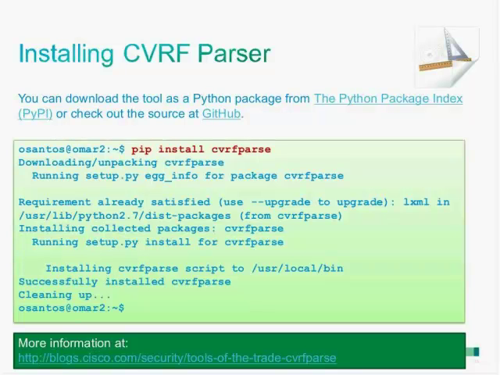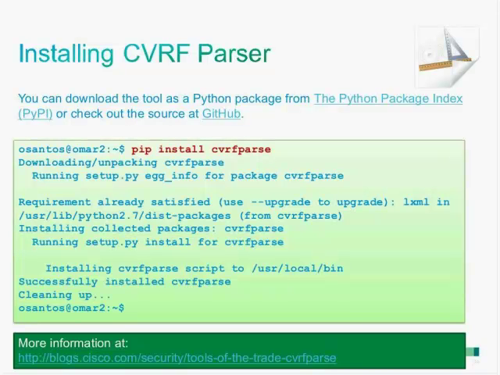But before I do that, I want to advertise a tool that Mike Schiffman, my colleague that I mentioned before, created, called the CVRF Parser. It's an open source tool that allows you to digest the content and manipulate it in however many ways you can. Again, the tool is an open source package.